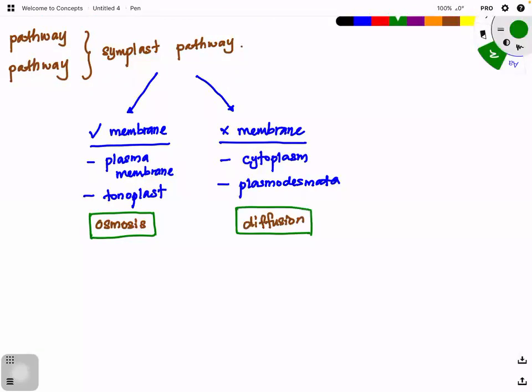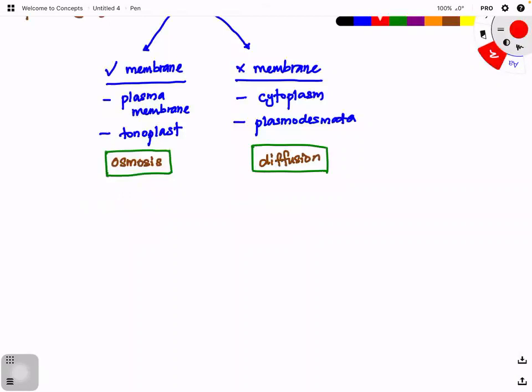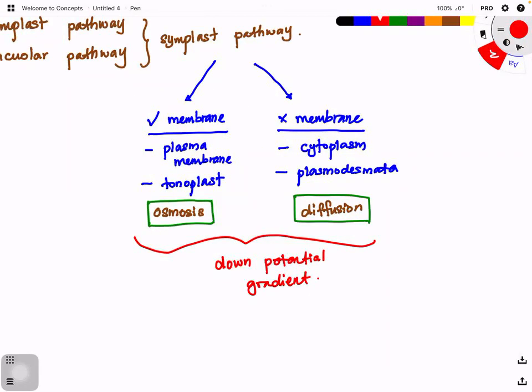But no matter which way, osmosis or diffusion, we know that they must go down the water potential gradient. Are you clear? No matter which way, they go down the water potential gradient until they reach the cell wall, because the cell wall has lower water potential compared to the xylem vessel element. So the net effect is that water molecules move to the cell wall, where evaporation takes place.